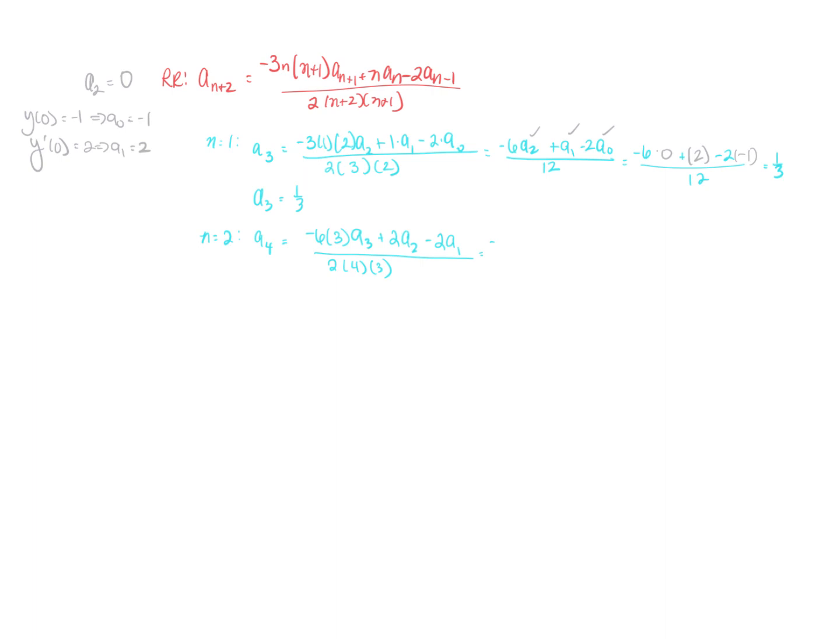So we get negative 18a3 plus 2a2 minus 2a1, all over 24.